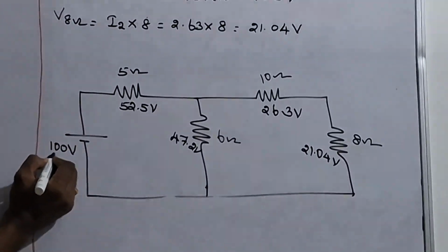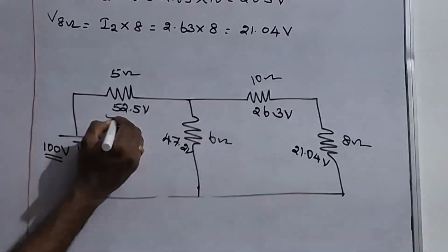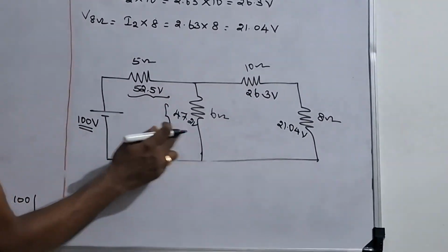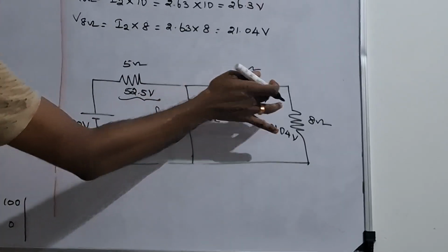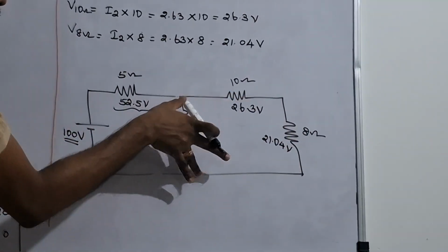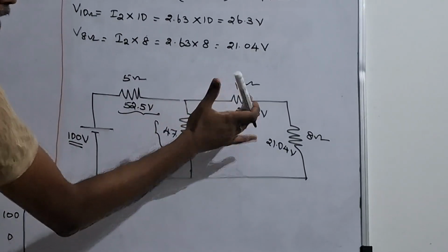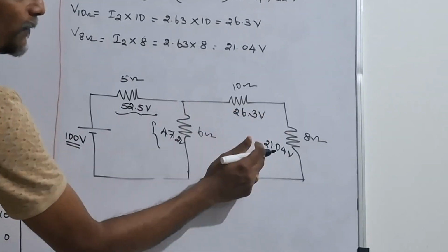So if we add 52.5 and 47.2, we will get approximately 100 volt. That means this 100 volt is divided between these two. Then these two are connected in parallel with the 6 ohm, and these two are connected in series. So the 47 volt is divided into 26.3 plus 21.